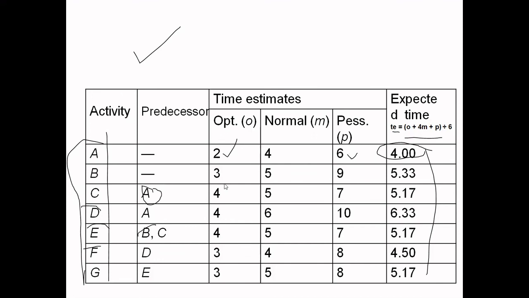M is strictly greater than O, not equal, and P is also strictly greater than M, there is no question of equal. How much greater, one or two, depends on the project. Then do the division.